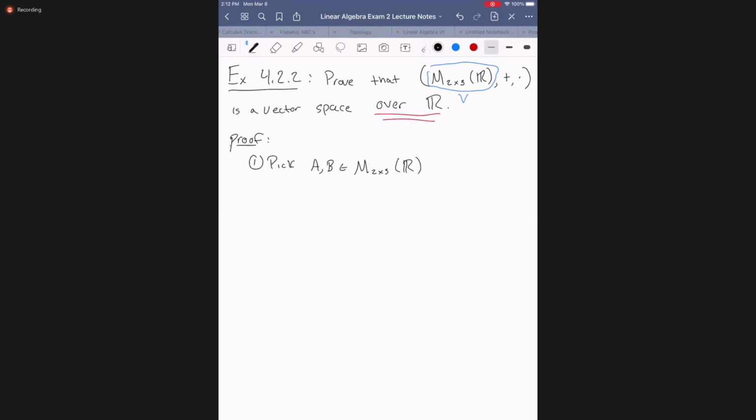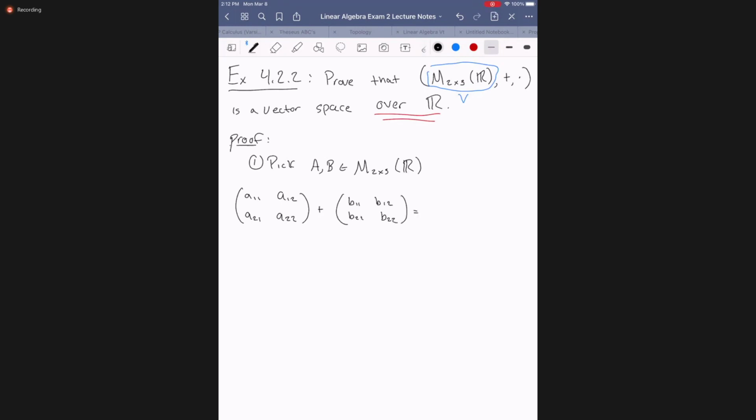Now I just have to show that when I add them together, it also lands in that set V. In other words, if I add them together, they also become a 2x3 matrix with real entries. So let's do that. A11, A12, A21, A22, added to B11, B12, B21, B22.